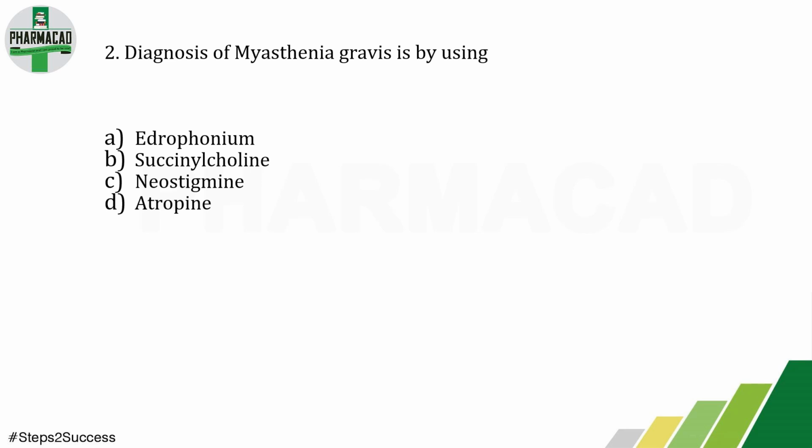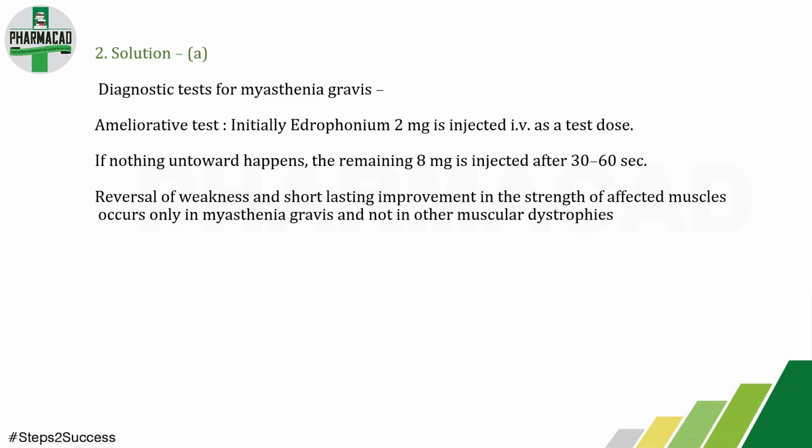Next question. The diagnosis of myasthenia gravis is by using which of the following? So the options are edrophonium, succinylcholine, neostigmine or atropine. The solution here is option A, that is edrophonium.